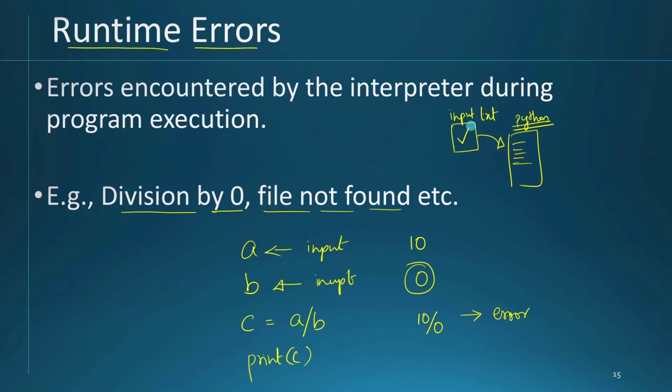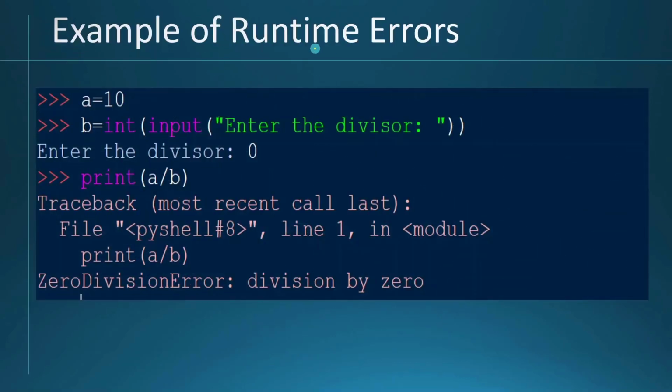Now once you have tested that your program is proper, you send this Python program to your friend, right? Now your friend will take this program and run it in his computer. Maybe he will get an error. Why? Because he doesn't have this input.txt in his computer. So this is a runtime error. The program was working properly in my system. So this is an example of a runtime error.